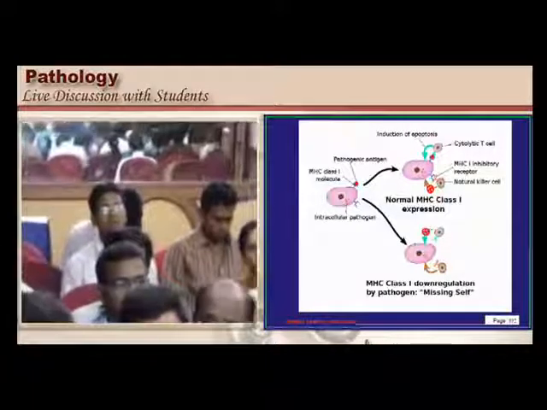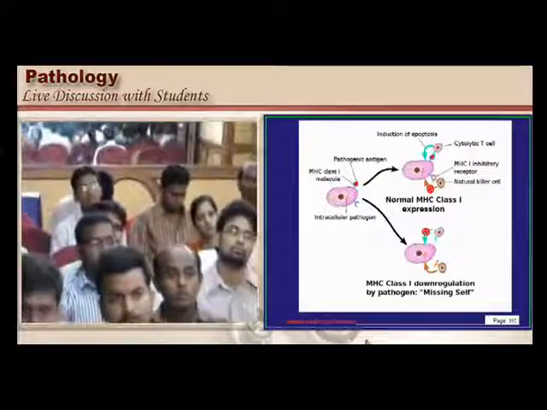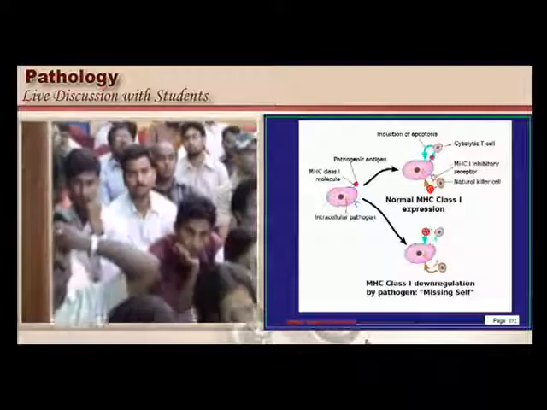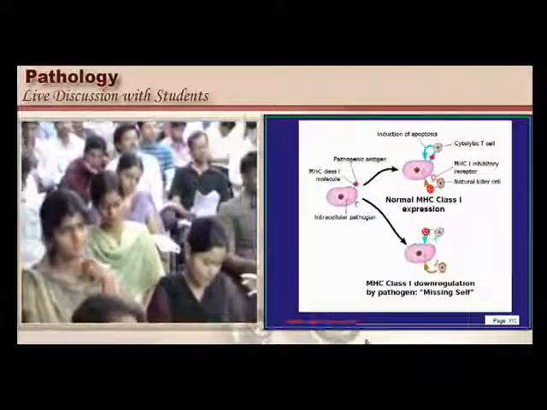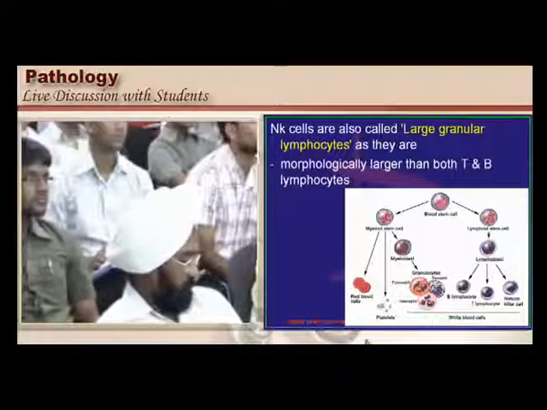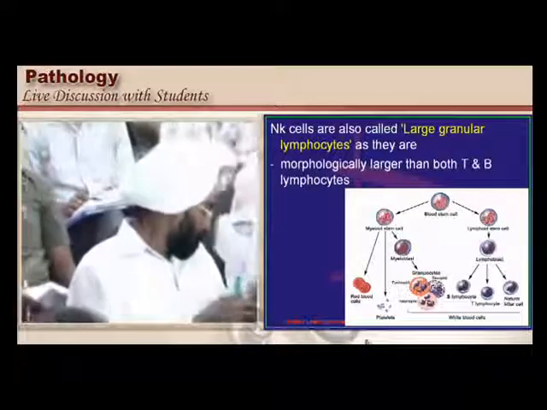So if there is a low level or no level of MHC class 1 expression on a virus infected cell, then that becomes a target for the NK cell and it will go and destroy it, is what you need to fundamentally understand. So this is an intracellular pathogen, it has infected the cell. The moment it has infected, there are two situations.